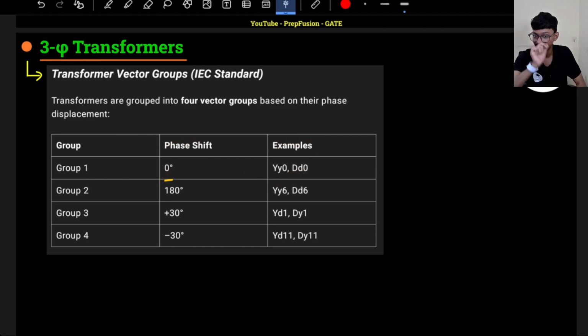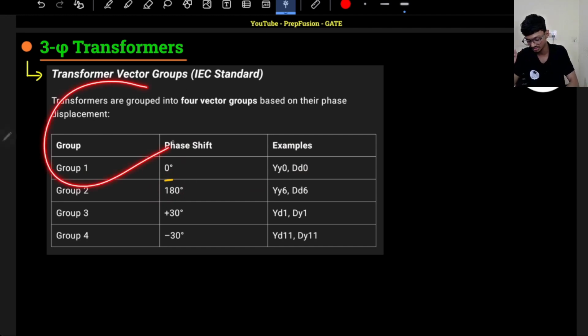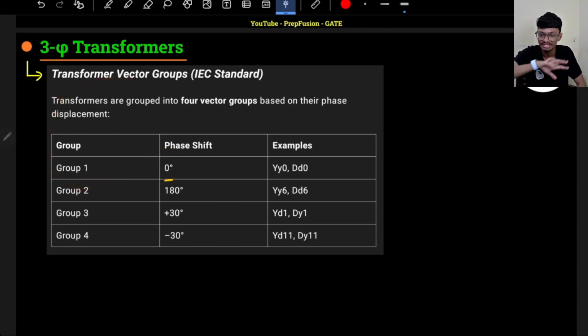If there is a phase difference between the two secondaries of two transformers, then there will be circulating currents. So if I am connecting two three phase transformers in parallel, they should be of the same group, because they should provide the same phase shift from input to output, so that ultimately in the secondary there is no phase difference. That's why we group our transformers in a vector group.